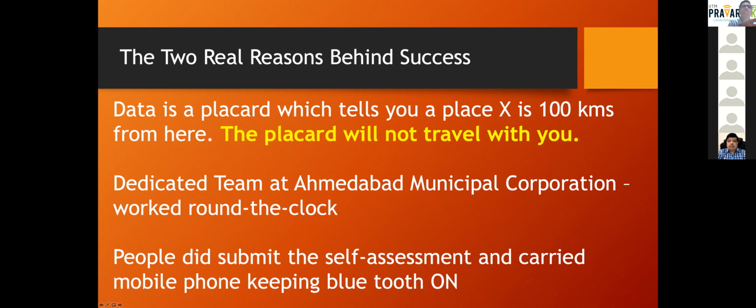So a dedicated team at Ahmedabad Municipal Corporation worked round the clock, and that is why they got this success, right? And people also submitted the self-assessment and carried mobile phones keeping Bluetooth on. This is a societal responsibility.